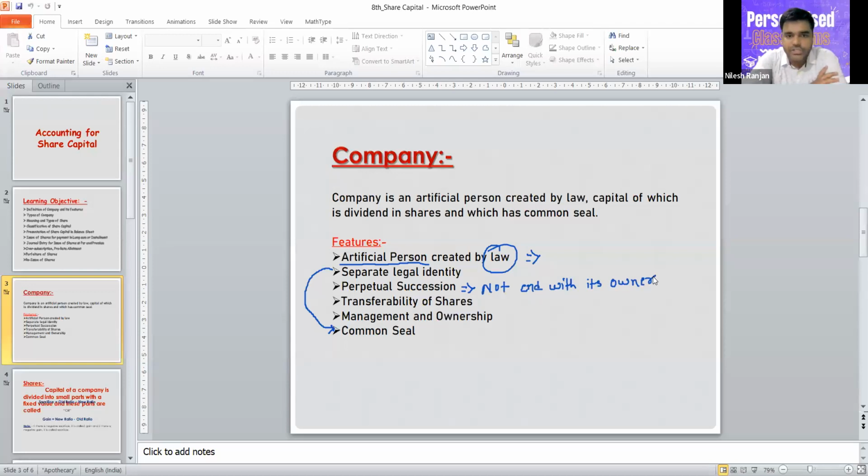In proprietorship business or partnership business, you can easily start a proprietorship business without taking any permission from government. Yes or no? Yes, sir. And what about partnership? You can start it without any permission, or you have to take permission from government? So you need to register it and you need permission from the government. We need to register it. It is compulsory.